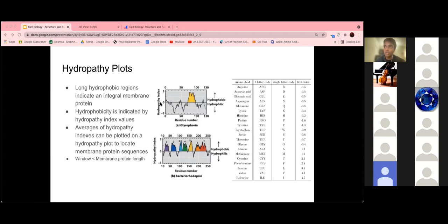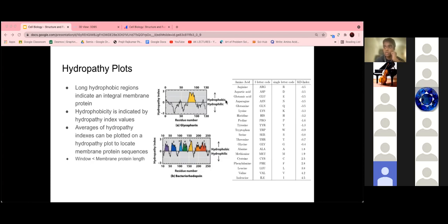The hydrophobicity of amino acids is measured by experimenters by measuring the relative partition from water to a hydrophobic solvent, which gives a number to each amino acid known as its hydropathy index. Basically, they take water and a hydrophobic solvent such as ethanol, and then they put amino acids in the water and ethanol, and they see which solution the amino acids gravitate towards.